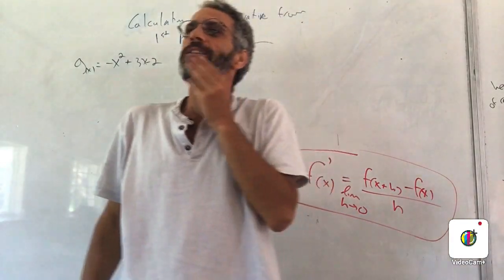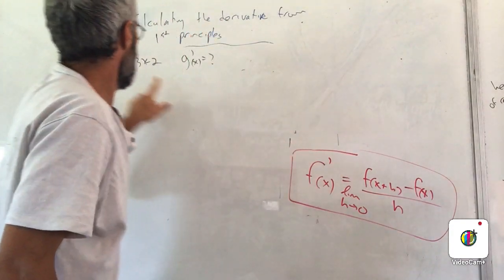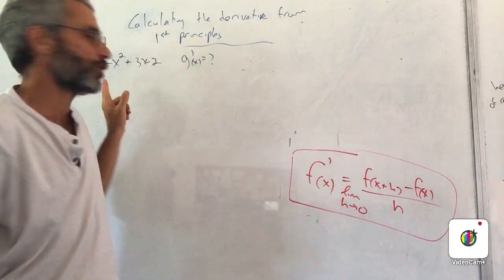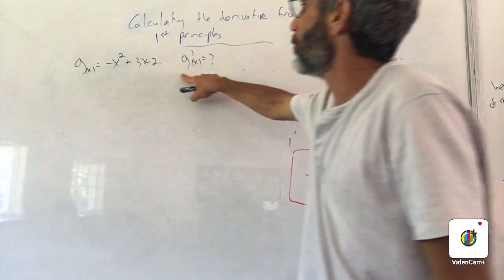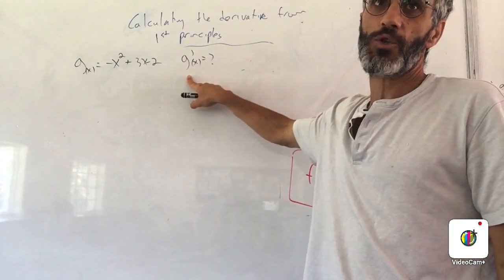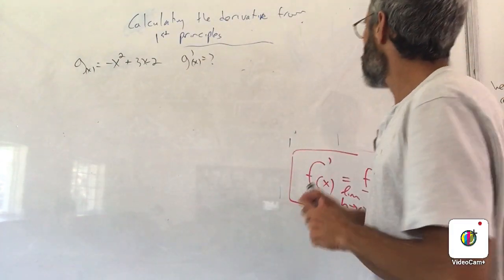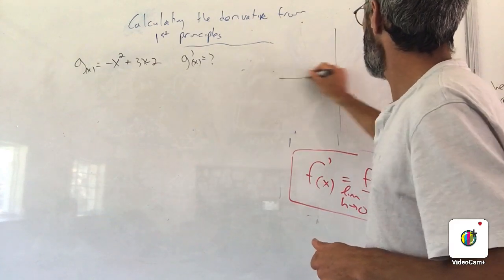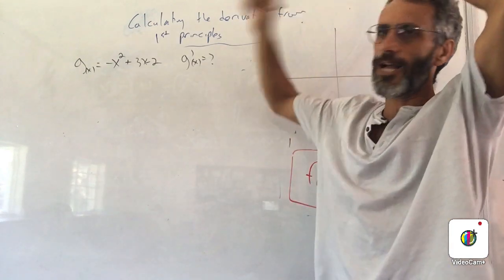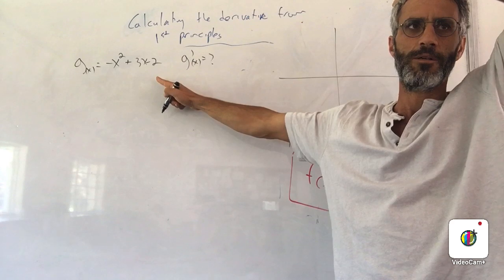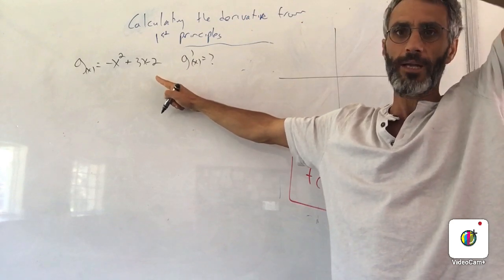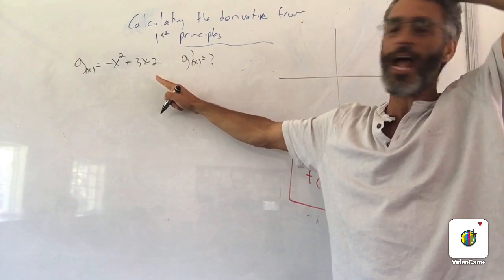Okay, second example. We've got another function, g of x, this time minus x squared plus 3x minus 2. They didn't ask me, but it's nice to be able to envision it. What kind of graph is this? It is a parabola, because it has an x squared. Unhappy face.